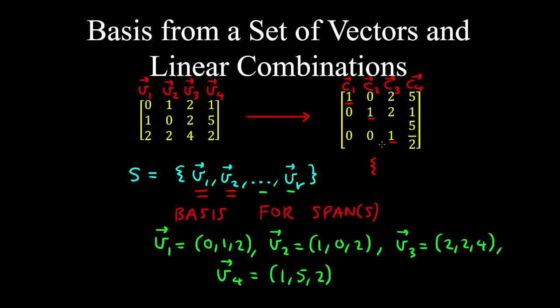So therefore, the corresponding columns 1, 2, and 3 form a basis for the column space of this reduced matrix R. And therefore the corresponding vectors in columns 1, 2, and 3 of this matrix A, which is row equivalent to R, form a basis for the column space of A.